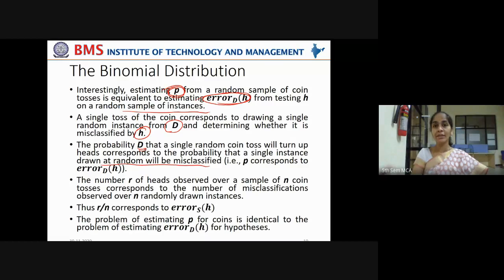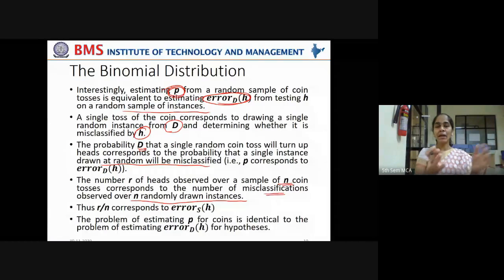If it is highly different, then we say the model is not performing well, or the model is not performing with sufficient accuracy. Okay. Now, the number R of heads observed over a sample of n coin tosses corresponds to the number of misclassifications observed over n randomly drawn instances. We are just relating. Both are different types of problems. We are understanding it in the simplest way and trying to relate it to our complex problem.